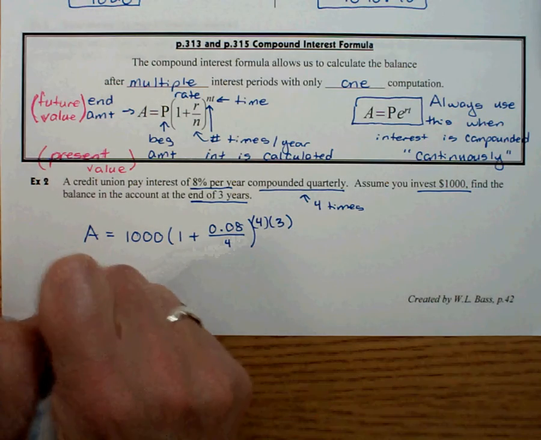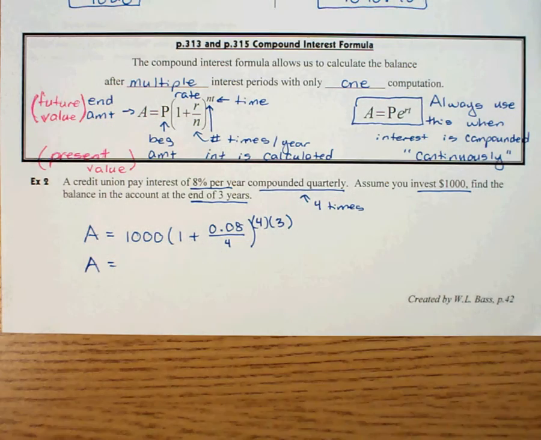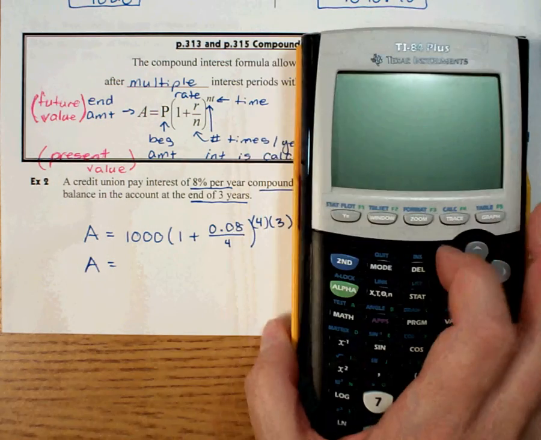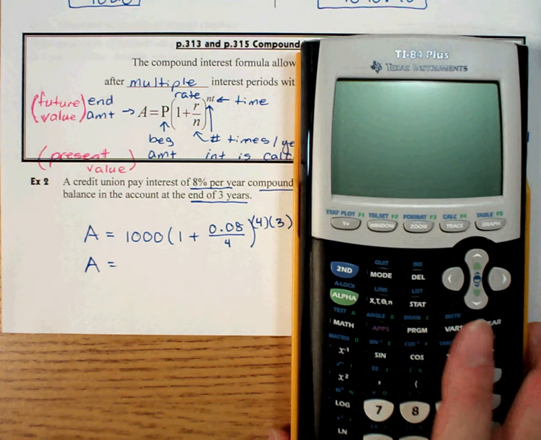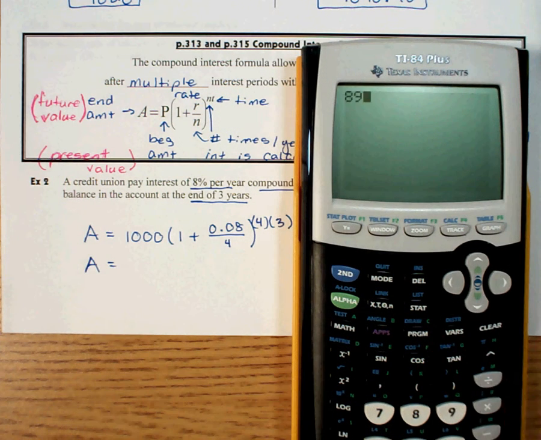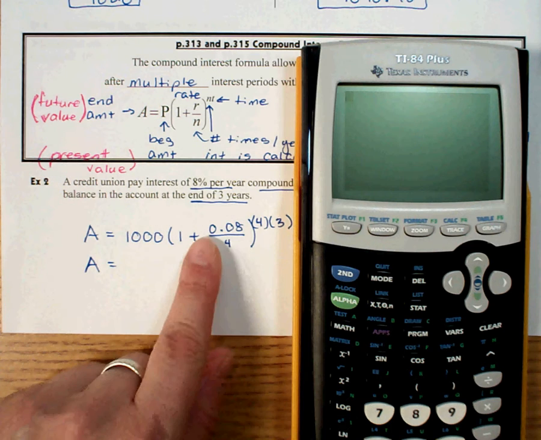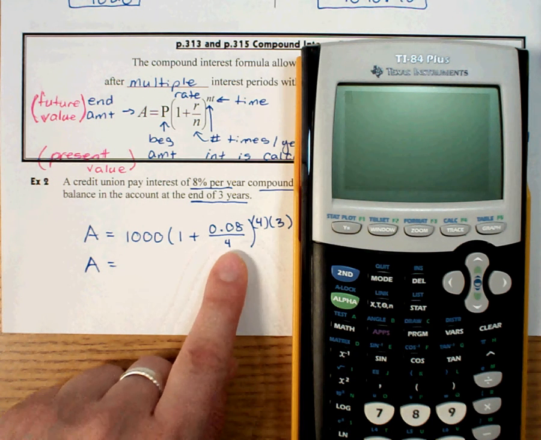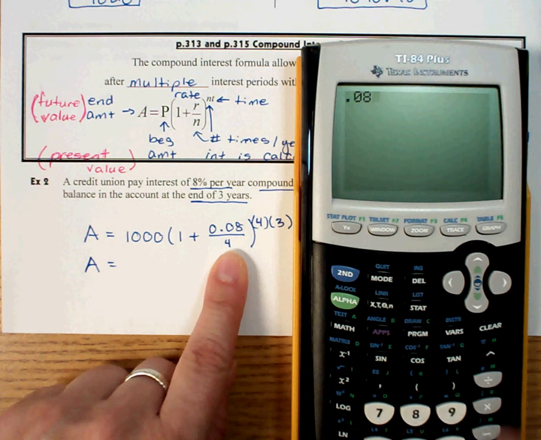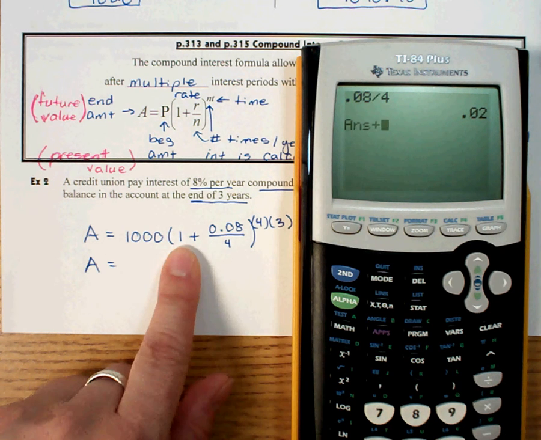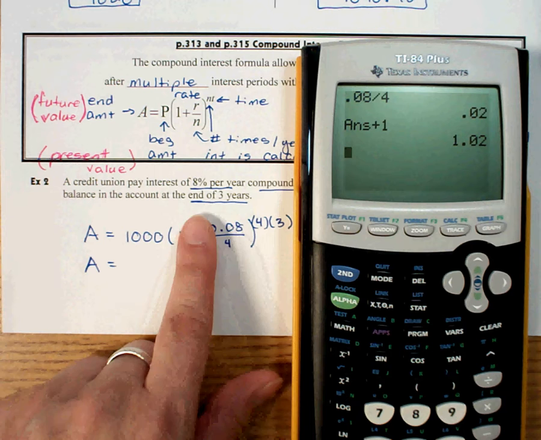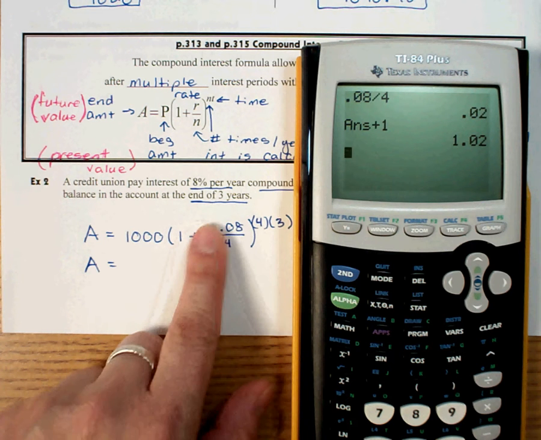Now, all we have to do is type it into our calculator. I rarely would type this entire problem in all at once. I start on the inside. I would start with the 0.08, divide it by 4, and add the 1. Now I have the entire expression in the parentheses.